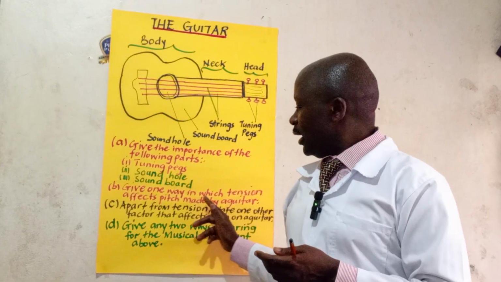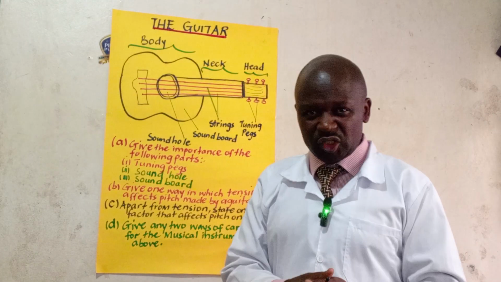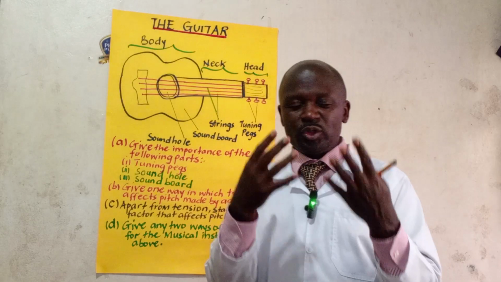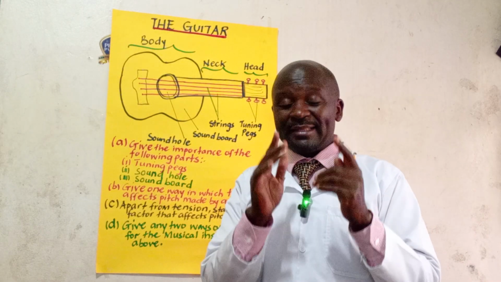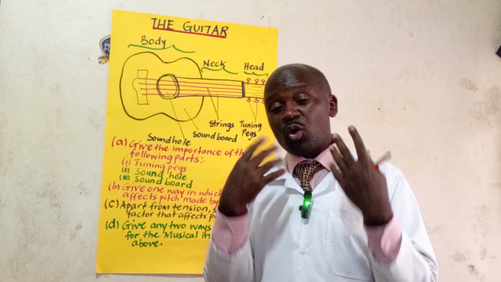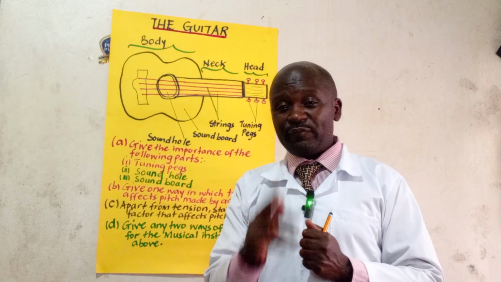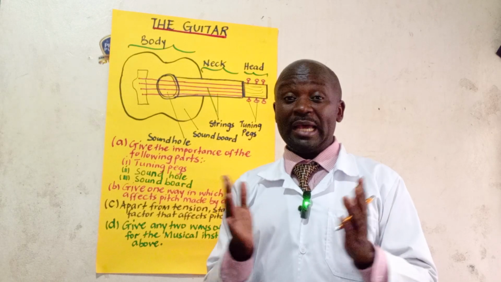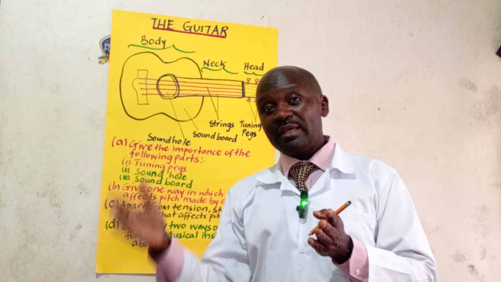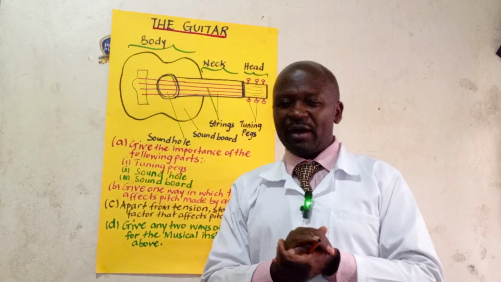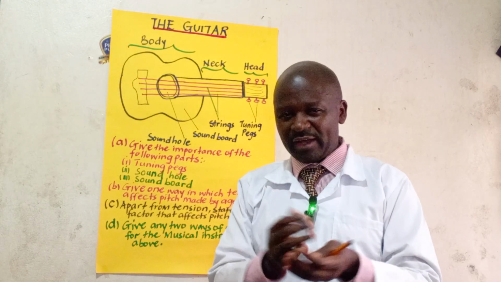Part B, give one way in which tension can affect pitch made or produced by a guitar. That is also a question that is somehow hard because of the way we teach. We teach factors that affect pitch produced by a guitar, but we don't teach how each factor affects pitch produced by a guitar.